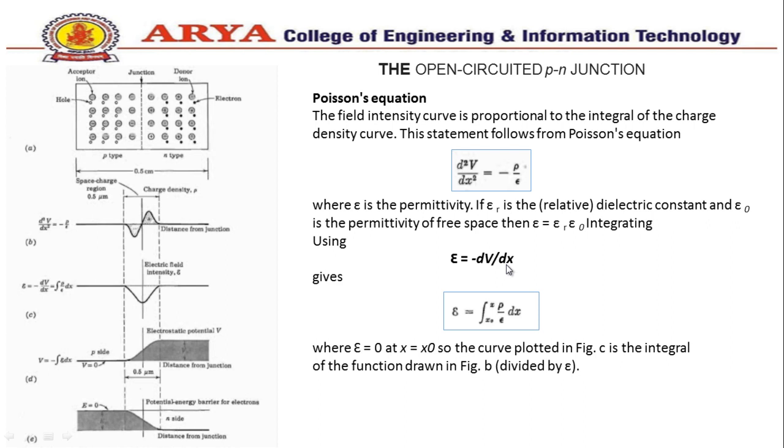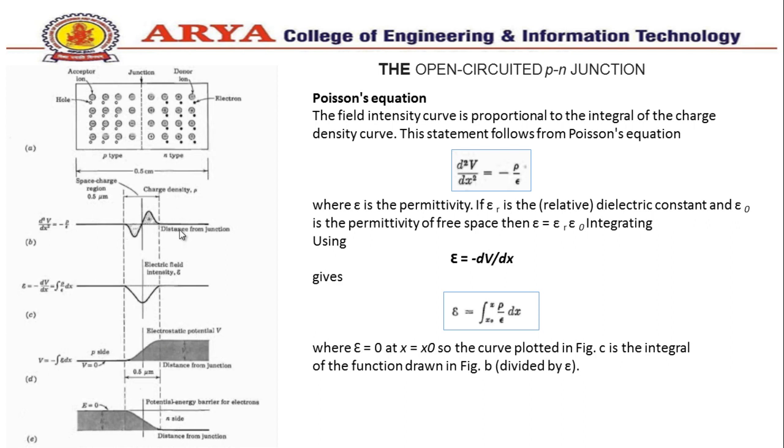Using these two equations and combining them, we can write E equal to the integration from x0 to x of rho upon epsilon dx. So we can find the electric field intensity from this equation, where E is 0 at x equal to x0. The curve plotted in figure C is the integral of the function drawn in figure B.